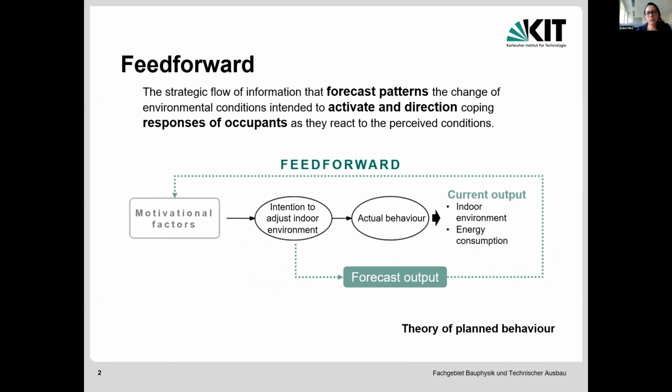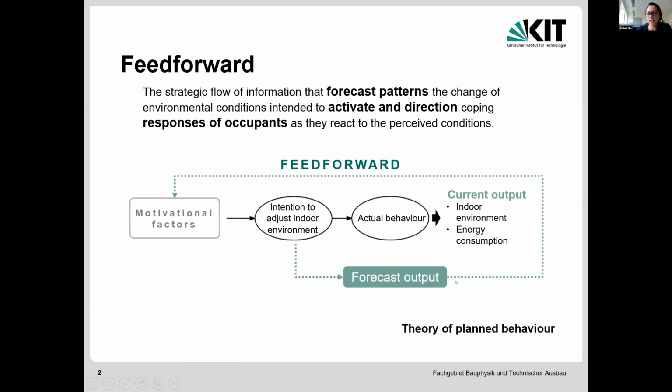Let us start first by defining what feedforward is. Feedforward is a strategic flow of information. This means that whenever any occupant has any intention to adjust something in their environment, we will provide some forecast of the output of any actual behavior that they will take, in the environment and in the energy consumption.